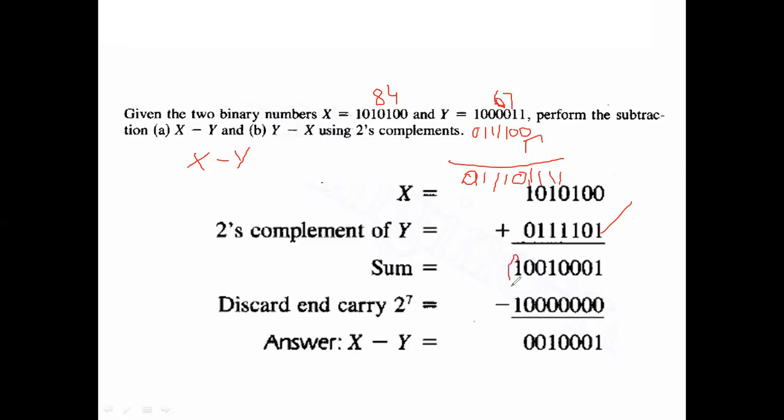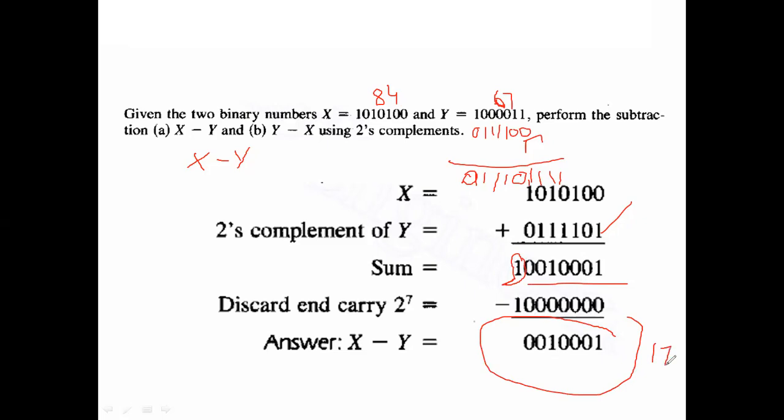Here finally we get a carry by adding. This is the final carry. Neglect that carry. When a carry occurs in 2's complement, it will be neglected. Then the final result is 0, 0, 1, 0, 0, 0, 1, which is equivalent to 17.